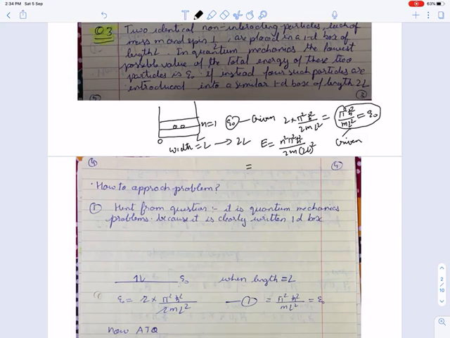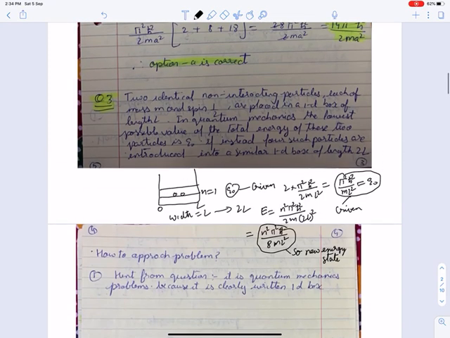So it will become n square pi square h cut square upon 8mL square. So the new energy state is this.